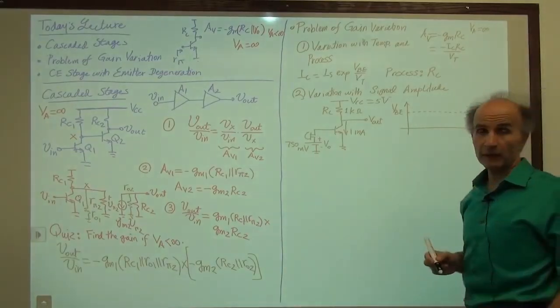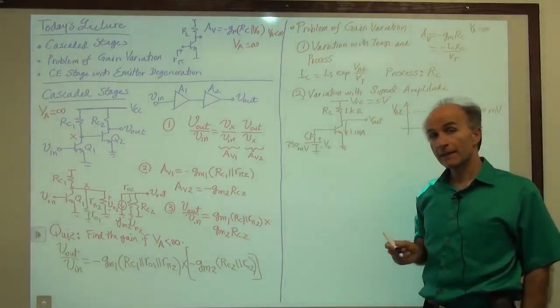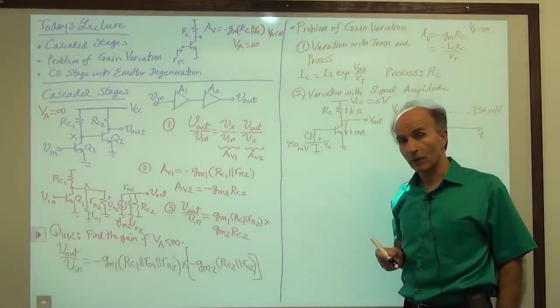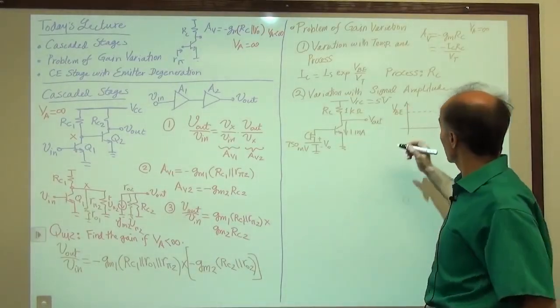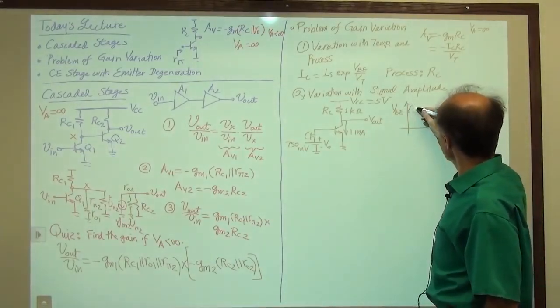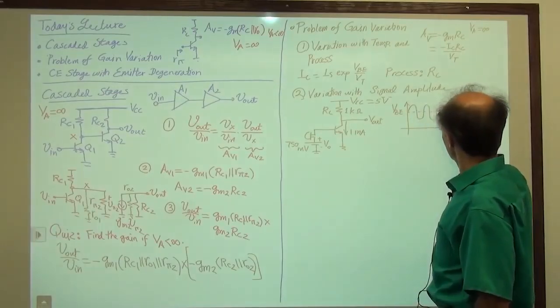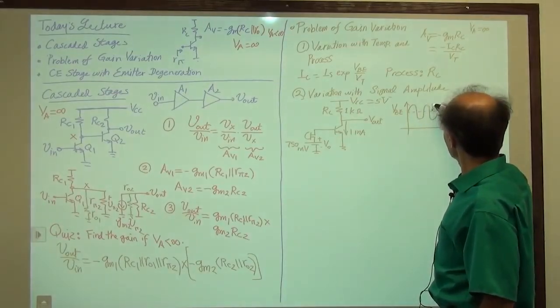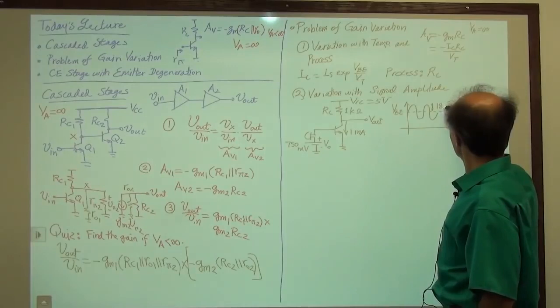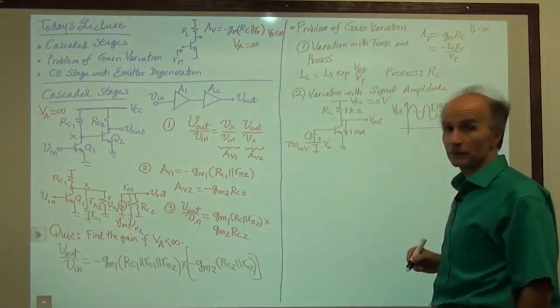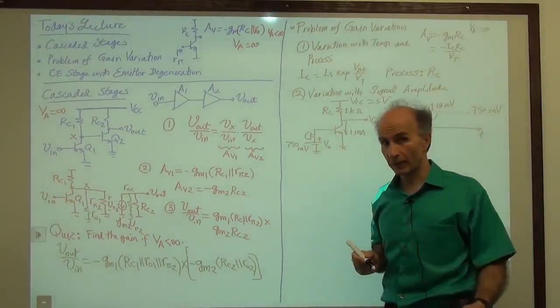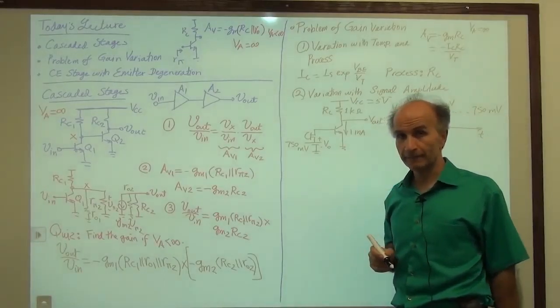And now the microphone signal comes in. And let's say the microphone signal is not that small. In particular, I will assume that the microphone signal is a sinusoid with an amplitude of 18 millivolts. There's a good reason for 18 millivolts, you will see shortly.